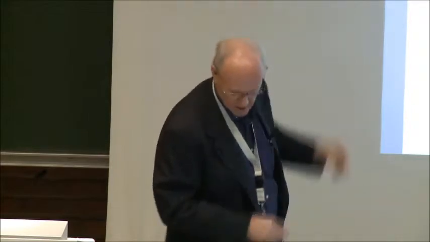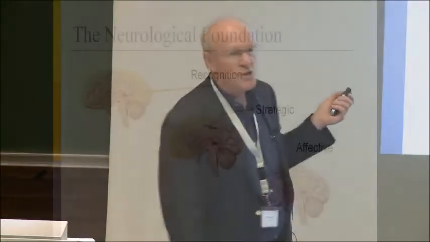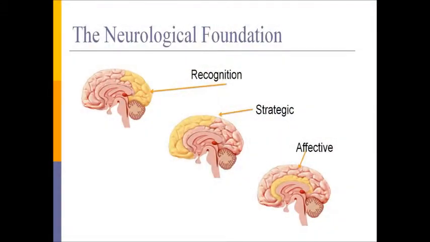So the first one has to do with recognition, how we store and retrieve information, and for the most part it's in the hind portion of the brain, what's known as the occipital cortex. For those of you who have seen images of optic nerves, where the nerves come back and cross and go to the hind portion of the brain, we store an immense amount of information in this area.